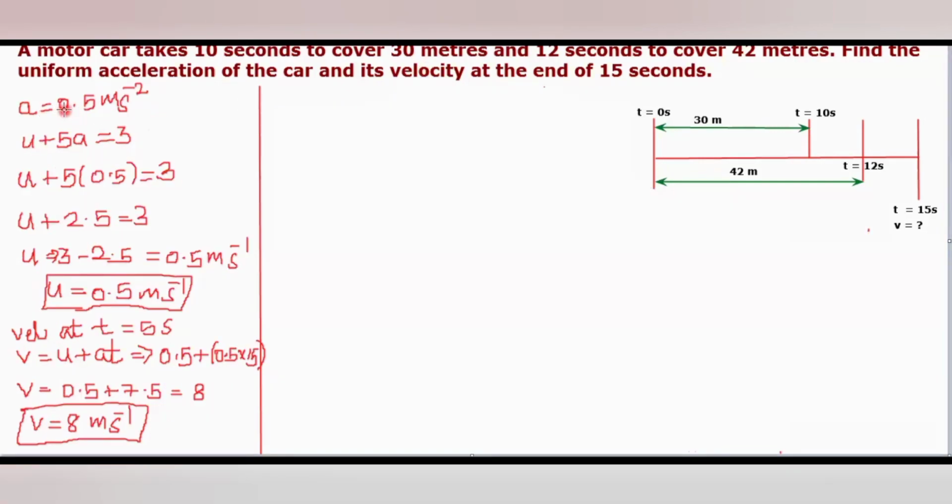When we substituted the value of acceleration in the first equation, we got the value of u. Then finally, we substituted the values of u and a in the equation v equal to u plus at, and we got v equal to 8 meter second power minus 1.